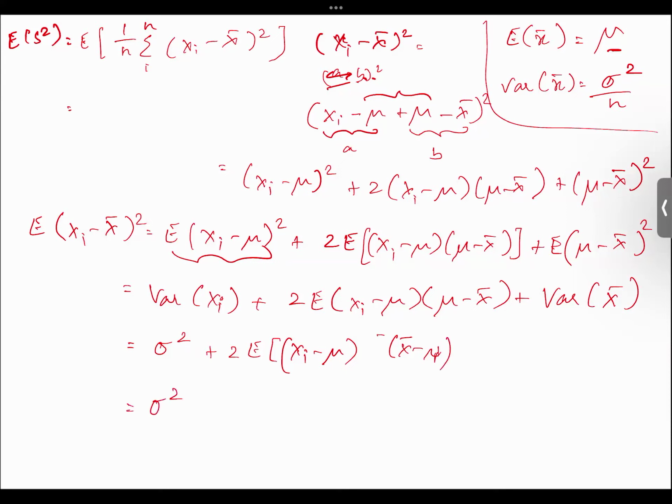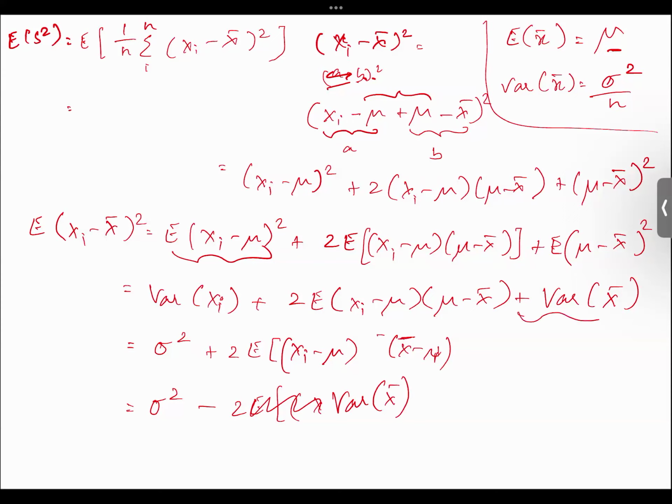So sigma square minus 2E of, you'll basically have a square of this term. So if you have expectation of this, you'll basically have 2 into variance of x bar.